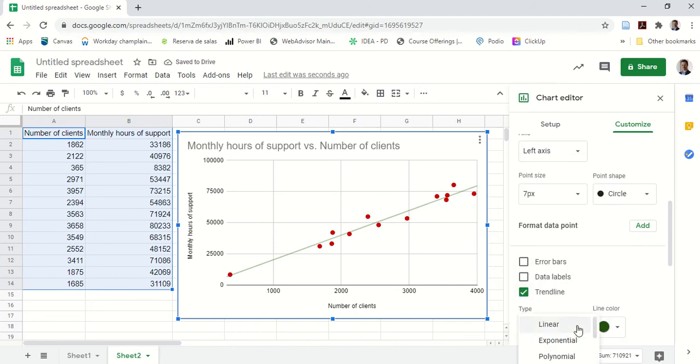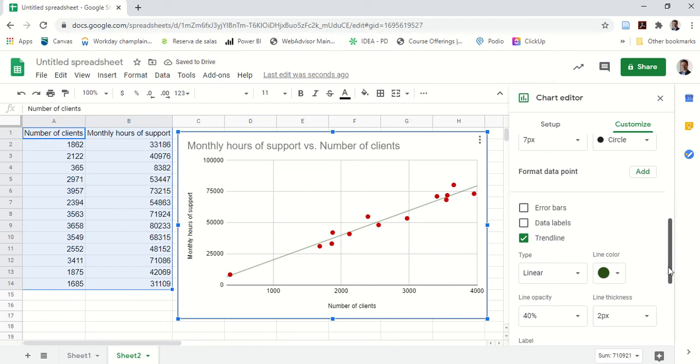And here you have the options. And so some of the options are linear, exponential, and polynomial. And so linear, you know, it was the first example we talked about. Exponential was the last example we talked about.